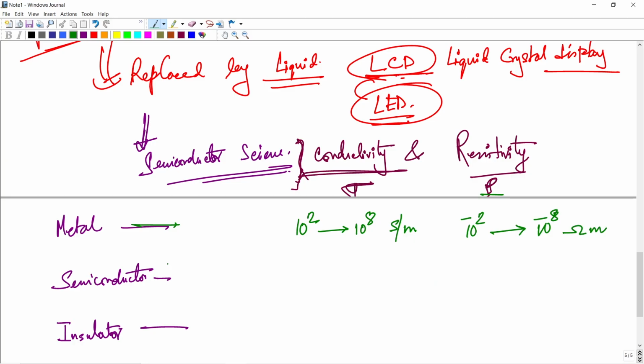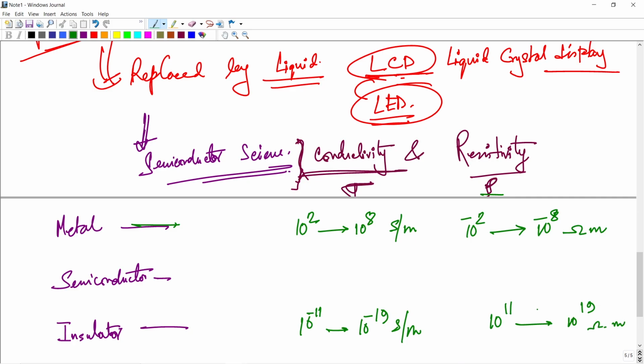The semiconductor is between metal and insulator. An insulator has very low conductivity and very high resistivity. The conductivity is very low, from 10 to the power minus 11 to 10 to the power minus 19 Siemens per meter, but the resistivity is very high, from 10 to the power 11 to 10 to the power 19 ohm meter.